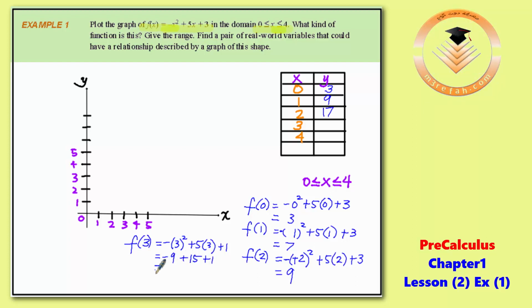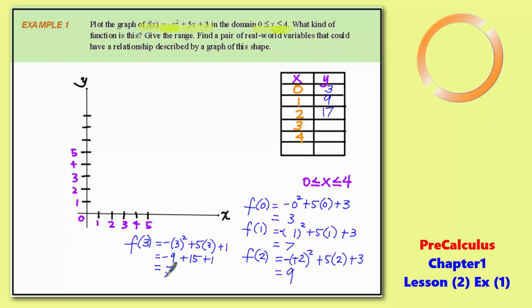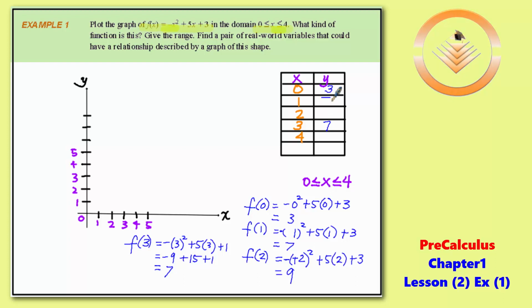So this is negative 9 plus 16. We have 7. Let me erase this. This is 7. This is 9.